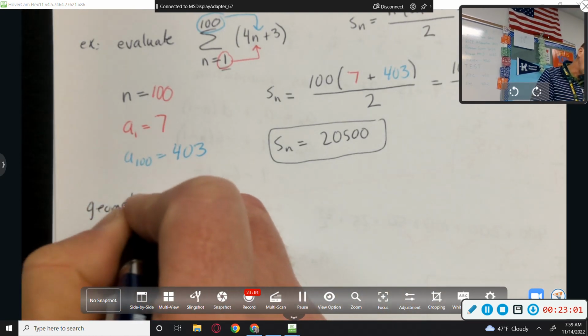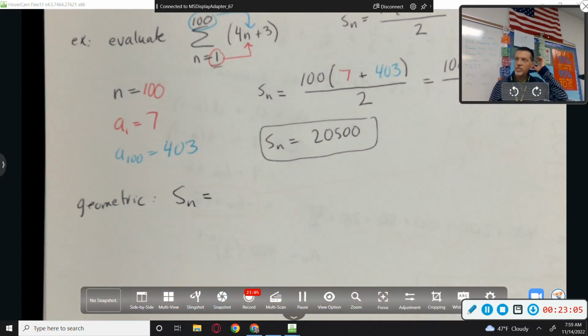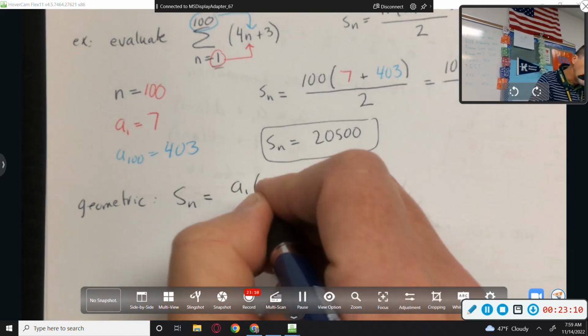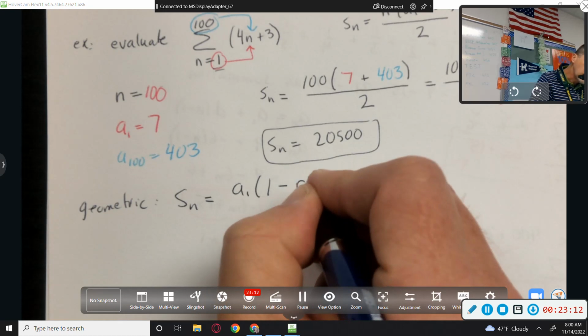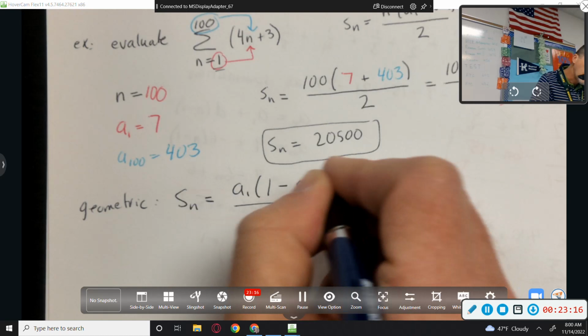All right, the geometric sum formula, also given, so you won't have to memorize this. A1 times 1 minus r to the n all over 1 minus r.